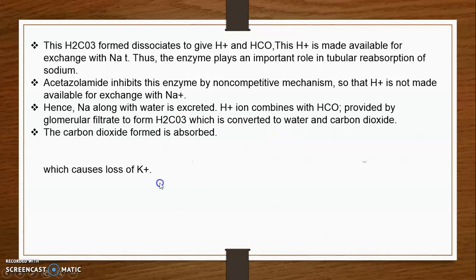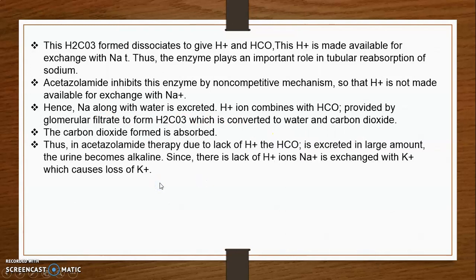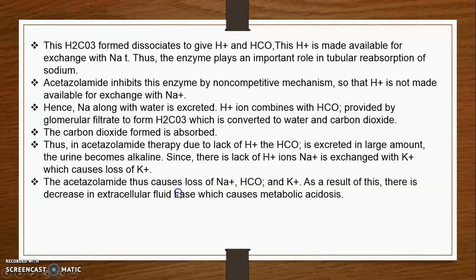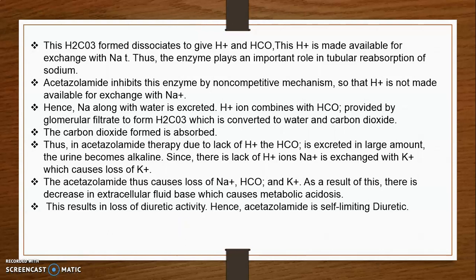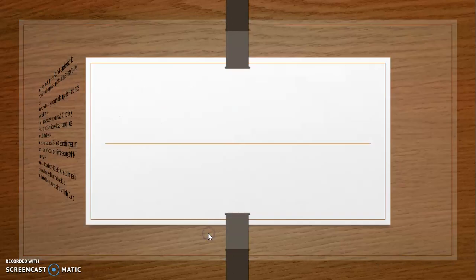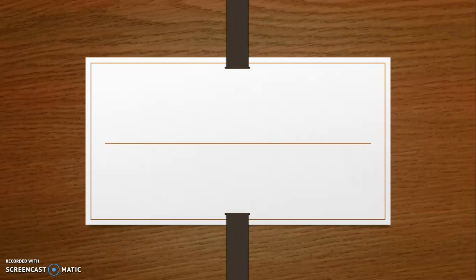Then carbon dioxide is absorbed, and acetazolamide therapy is due to the lack of H plus and HCO3 minus ions. Acetazolamide thus causes the loss of sodium, HCO3 minus and potassium ion and results in a decrease in the extracellular fluid and causes metabolic acidosis. This results in the loss of diuretic activity. Hence, acetazolamide is self-limiting.